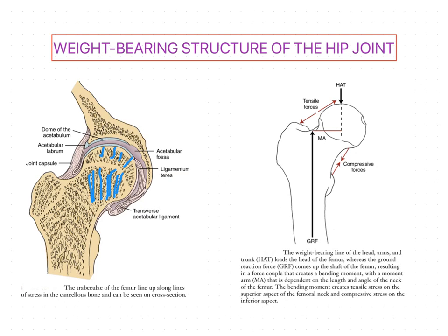Now again we are going to discuss the weight transmission. The weight bearing line passes through the vertebrae of the spinal column to the sacral promontory and on through the sacroiliac joints, which we have discussed in the vertebral column.